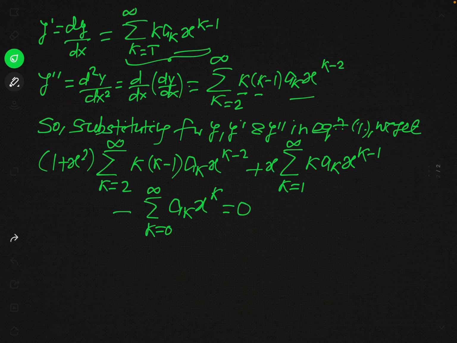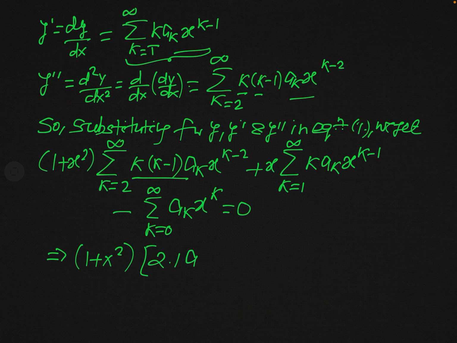Now we will expand this summation to some finite terms, and you can see that this equation may be written as 1 plus x square into, when you put k equal to 2 in the first term, what will be the result? 2 into 2 minus 1, that is 1, into a2, and x to the power 2 minus 2, that will be simply 1, and plus, now let us put k equal to 3.